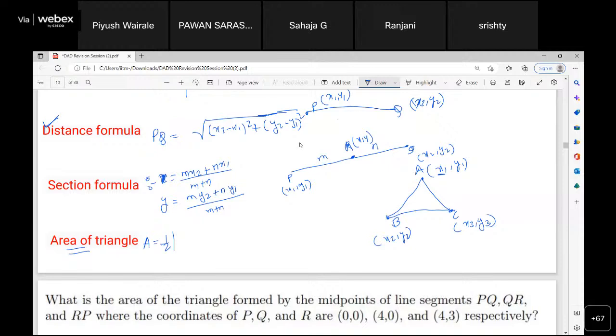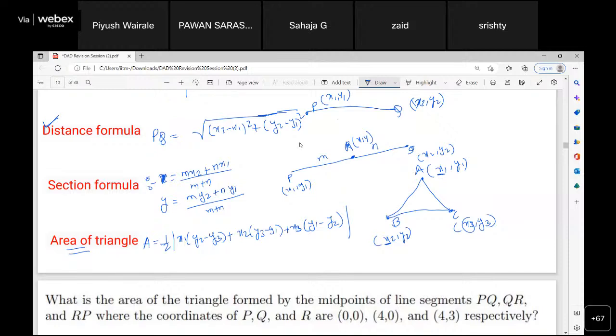Then x1 into y2 minus y3, plus x2 into y3 minus y1, plus x3 into y1 minus y2. Once you fix the sequence of the coordinates, you have to go in that way only.